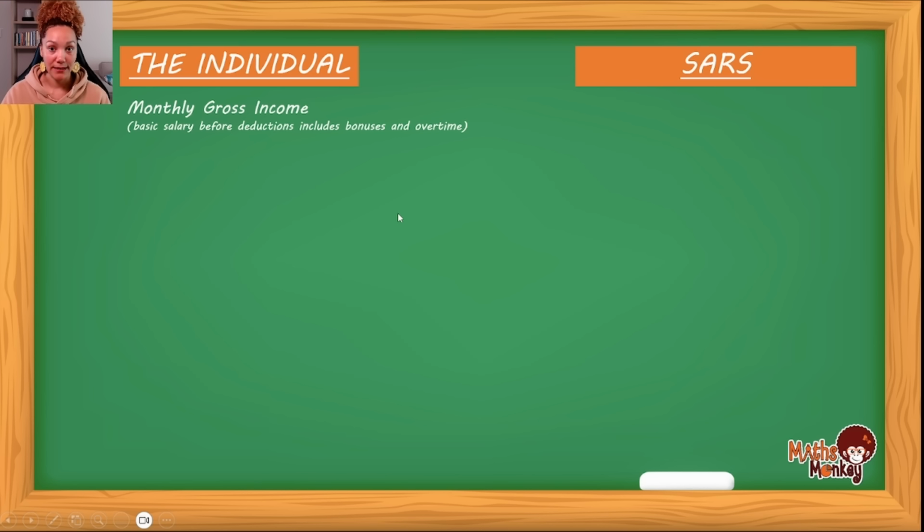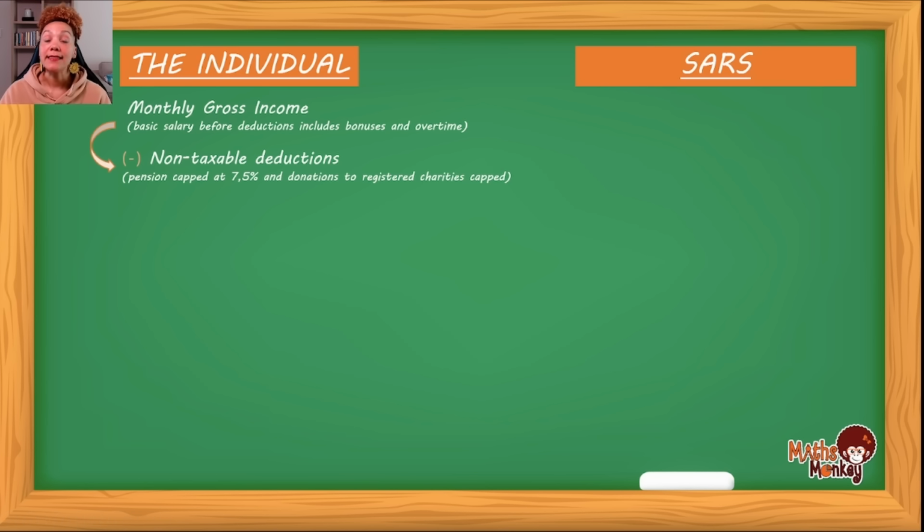Then from this, generally what you earn determines what you're going to pay for tax. But there are certain non-taxable deductions that you are allowed to take off from your gross income before you calculate your total for your tax. Okay, and those include pension, donations, and these are generally mentioned in your exam.